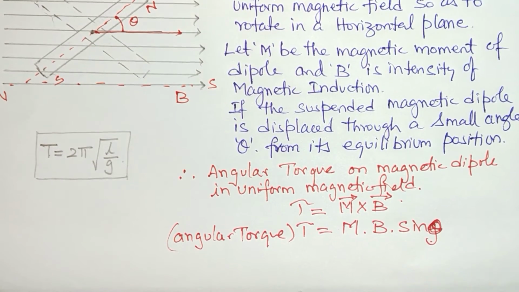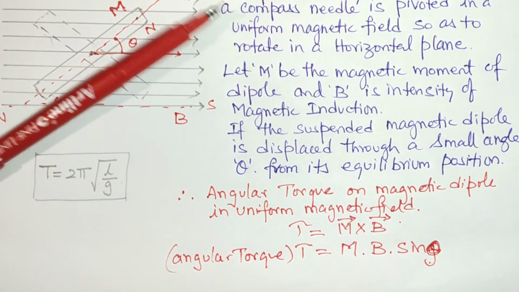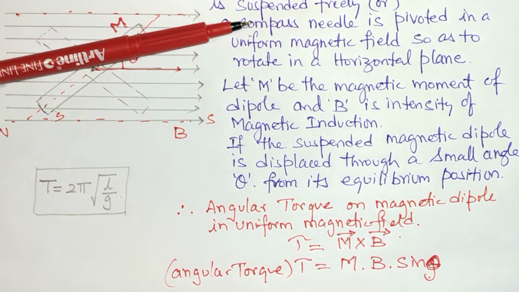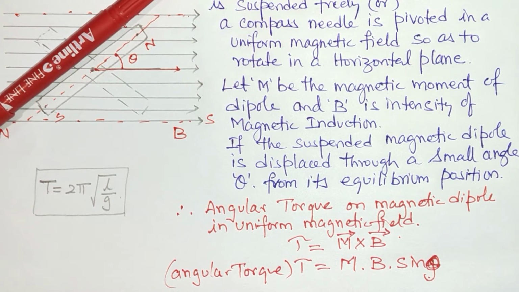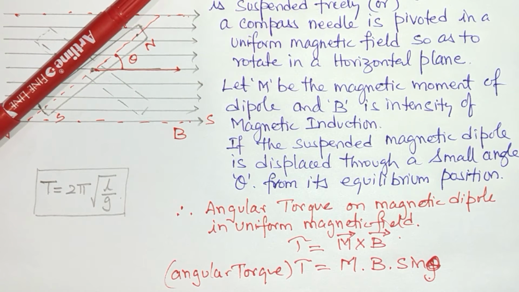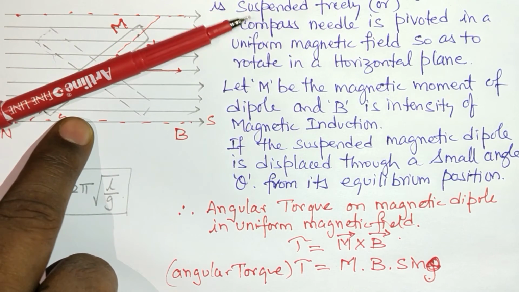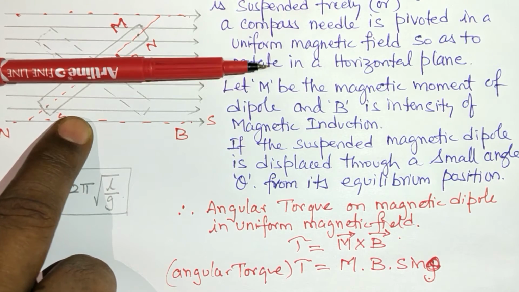Now when this compass moved in this direction, a restoring force was generated in it. We call that torque a restoring torque on a dipole. Only then, if I remove this magnetic field, it wants to come back to its original position.